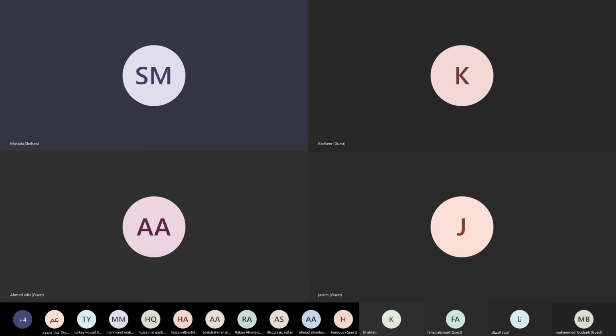What are the components of the lymphatic system? Lymph nodes and lymph vessels. Bravo, Abdurrahman Al-Haji. Lymph nodes and lymph vessels. What is the function of lymph nodes? What is the function of lymph nodes?